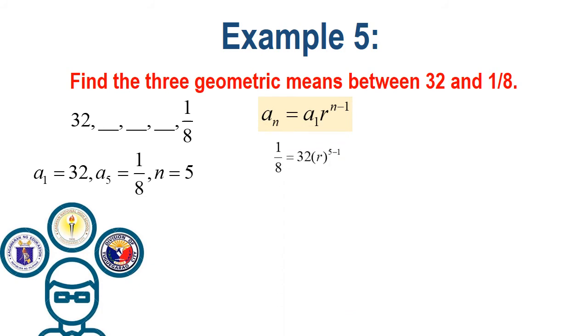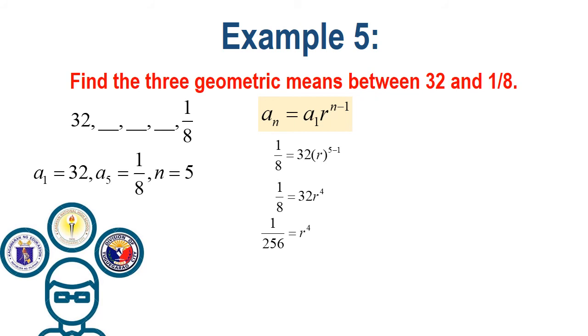So we have 1/8 is equal to 32 times r raised to 5 minus 1, which gives us 1/8 is equal to 32 r raised to the fourth power. Simplifying it, we have 1 over 256 is equal to r raised to the fourth power.